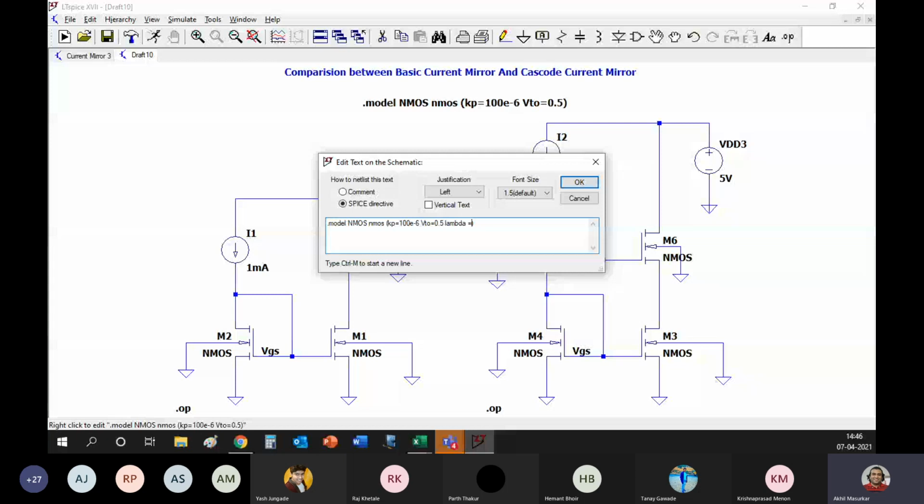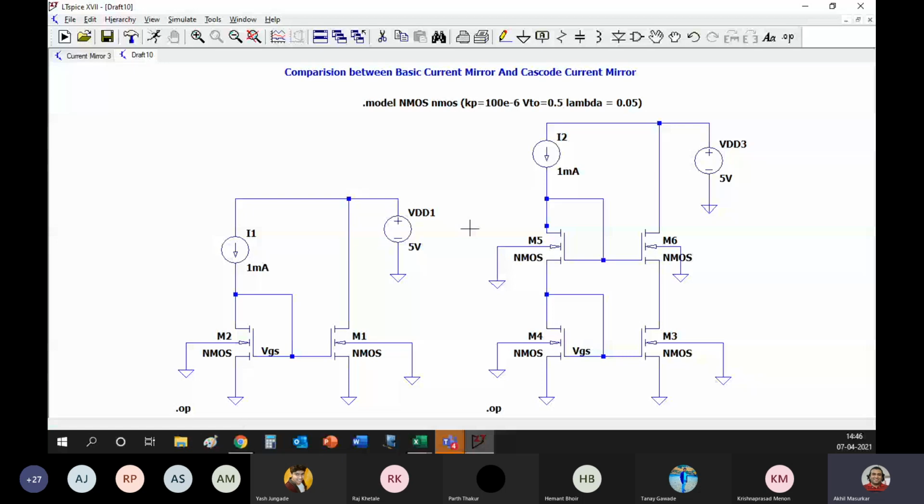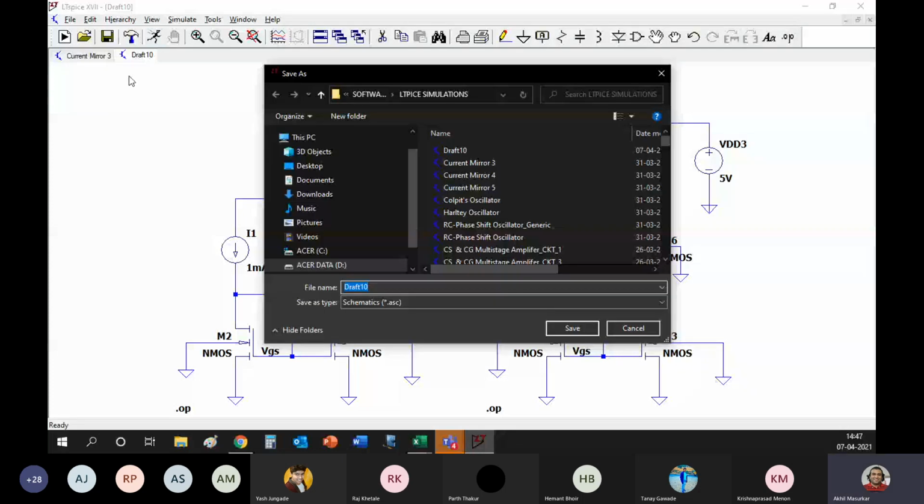Lambda equal to 0.05. So you can see this nomenclature here at the top, and once you are done with this, let us save this as something. I'll save it as cascode.